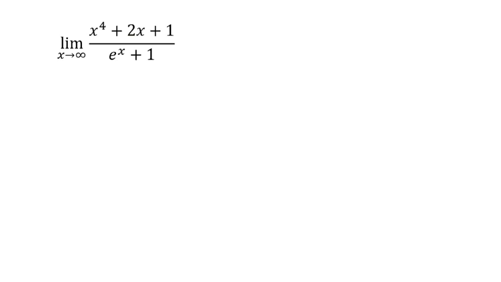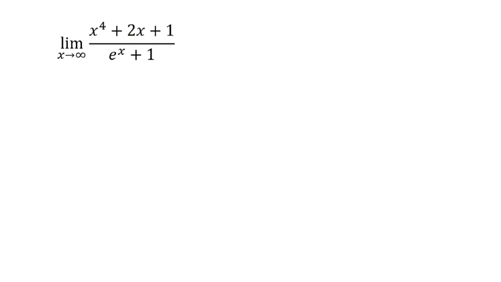I think I mentioned earlier that we can use L'Hopital's rule for limits that go to infinity over infinity. So if we look at this, and we don't just immediately remember our relative growth rate rules, we can figure out which one's going to grow faster and what the limit's going to be as x approaches infinity. If you know that e to the x is bigger, you know it's bigger on the bottom and it's going to go to 0.